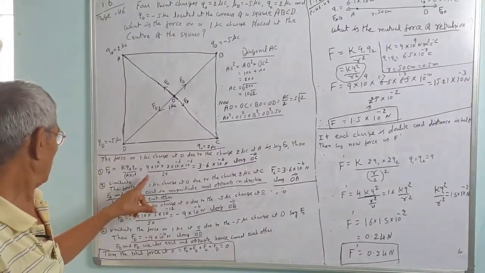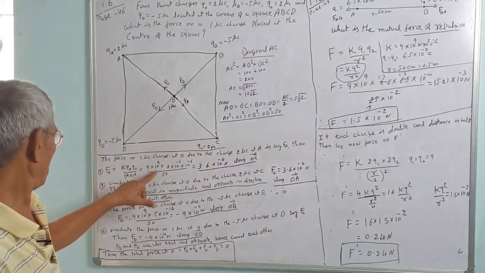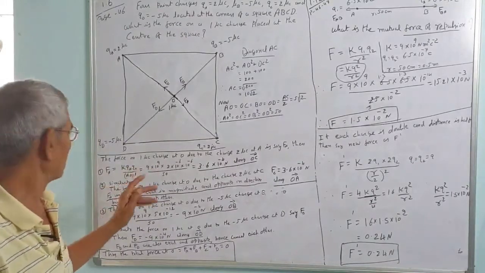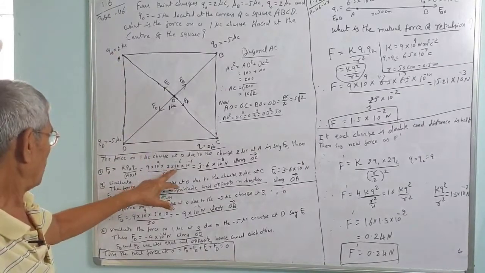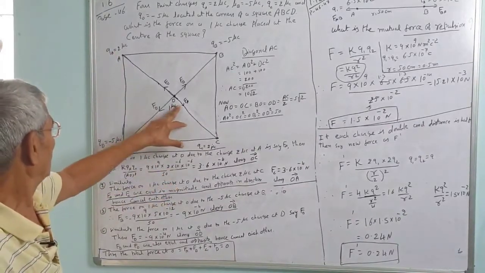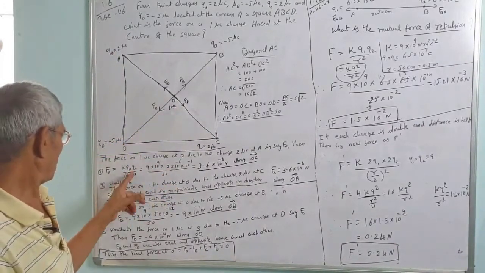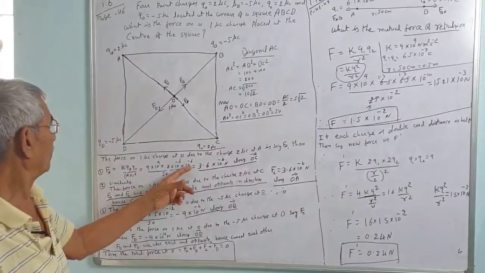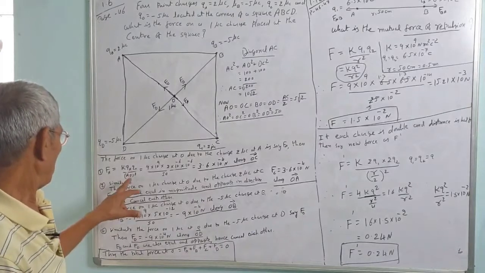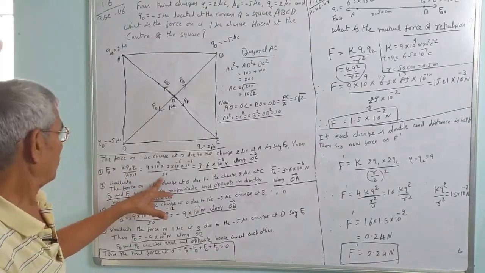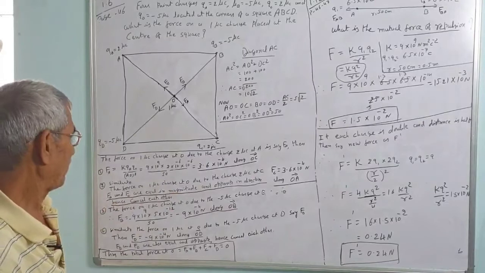K is 9 into 10 to the 9 newton meter square per coulomb square, QA is 2 microcoulomb, QO is 1 microcoulomb, that is 10 raised to minus 6, divided by AO square, which is 50.